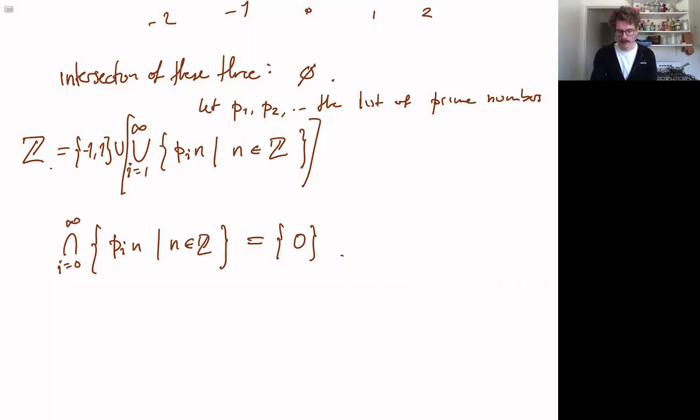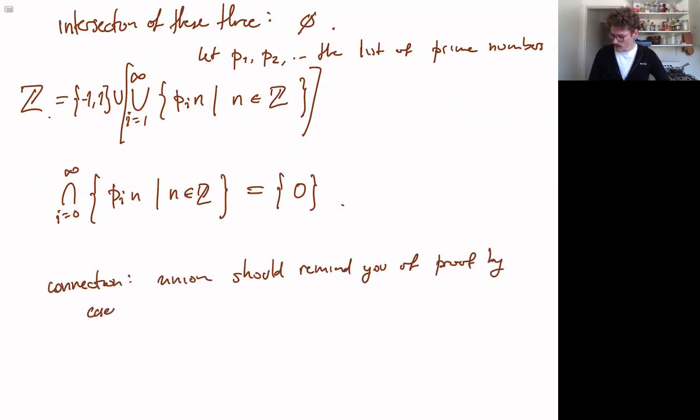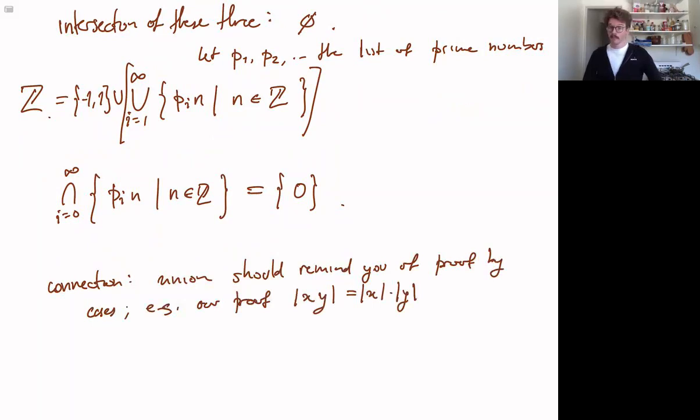So as a quasi-application kind of thing, I just want to make a little connection that union should remind you of proof by cases. For example, our proof that the absolute value of xy equals absolute value of x times absolute value of y, which we did sometime last week.